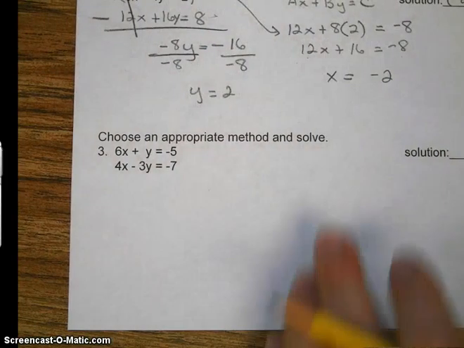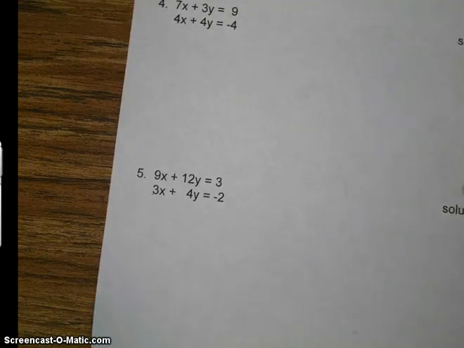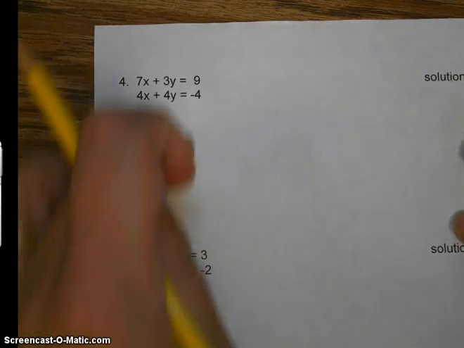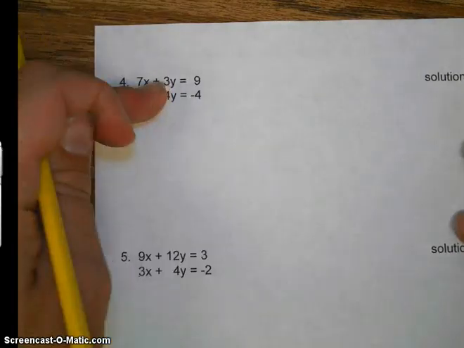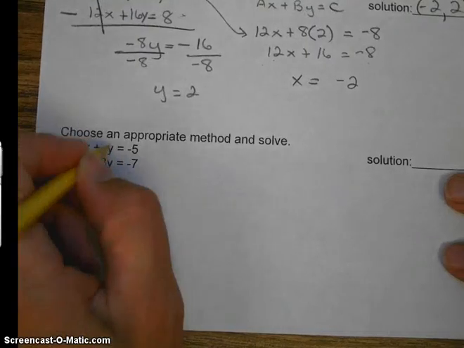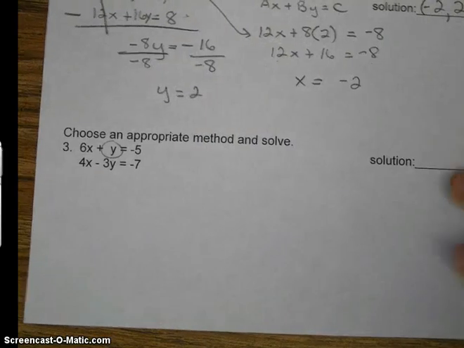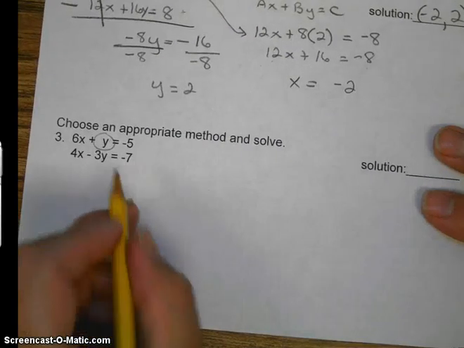But let's see what else we got here. I see some here that are really set up good for elimination, so we'll save elimination for this one. And we'll use substitution for this one, because I see y almost all by itself, so it would be very easy to solve this for y.